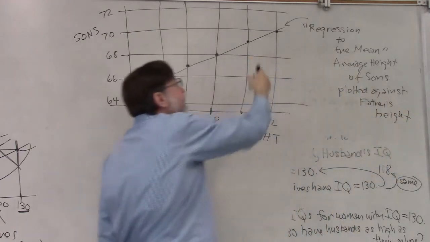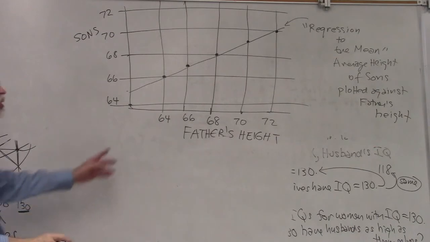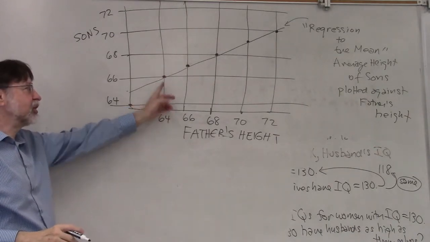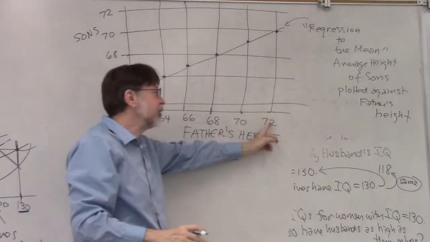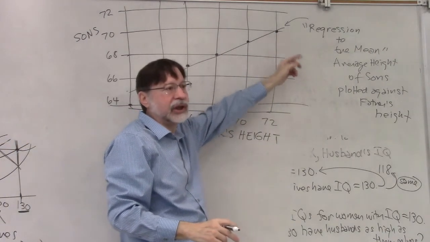So that's what that line is. And you notice that the fathers that are short have sons that are taller than they are. The fathers that are tall have sons that are shorter than they are.